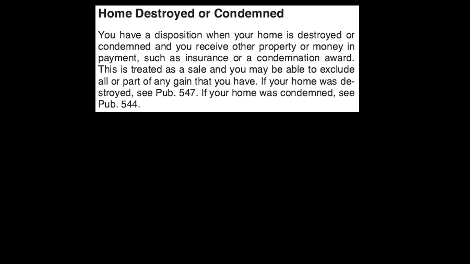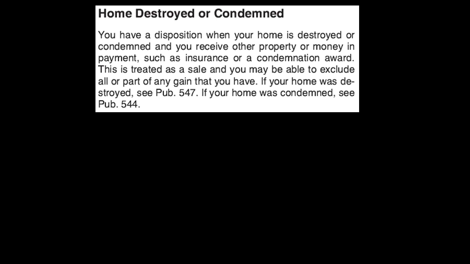You can go to the irs.gov website and then type in publication or pub 547 or 544 in those conditions. Obviously, this would be more of an unusual type of condition, but you can see the IRS's standpoint here, what would typically be what we would assume to be the case.